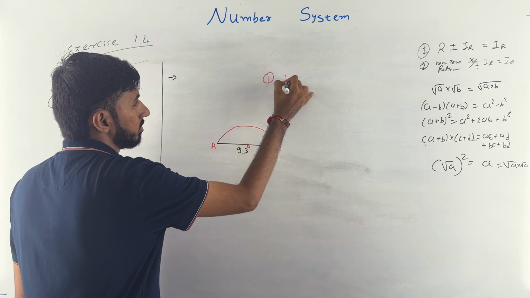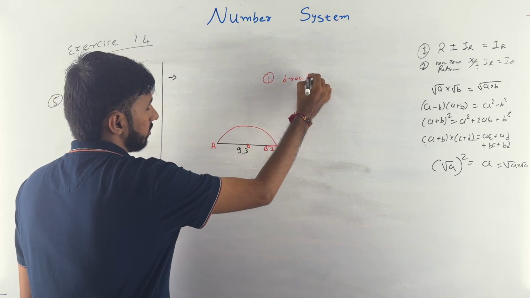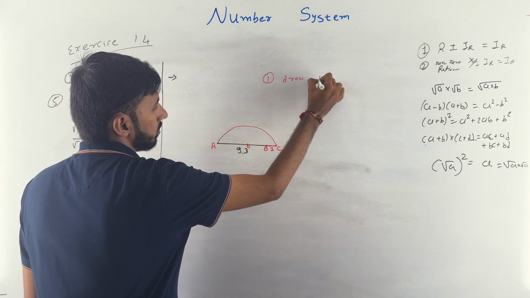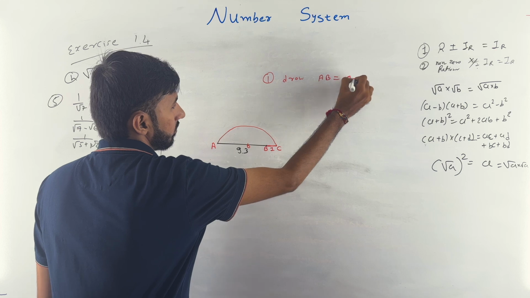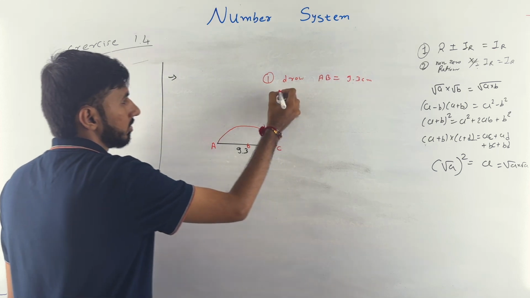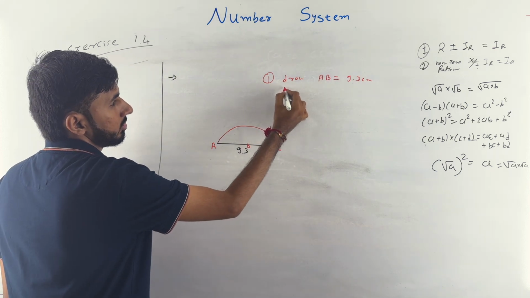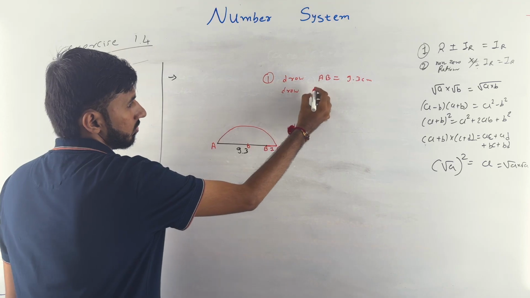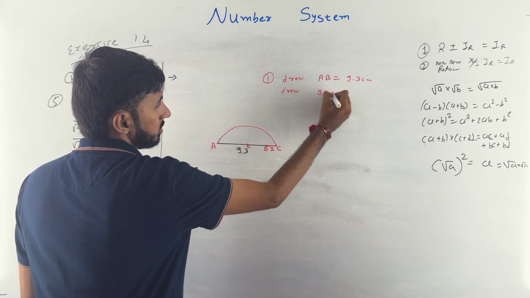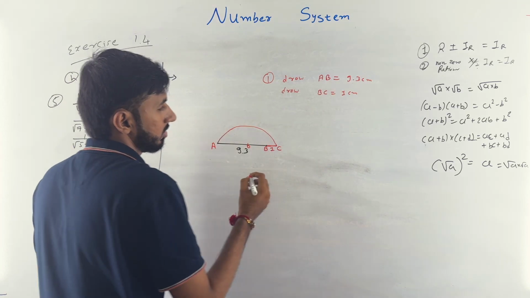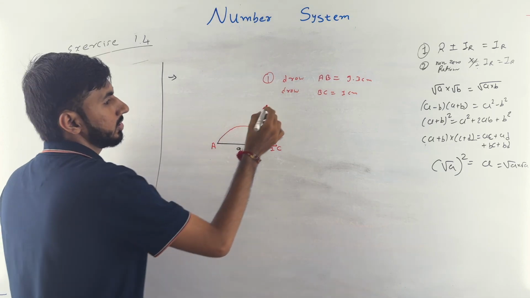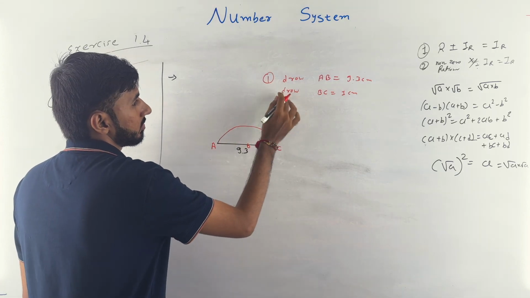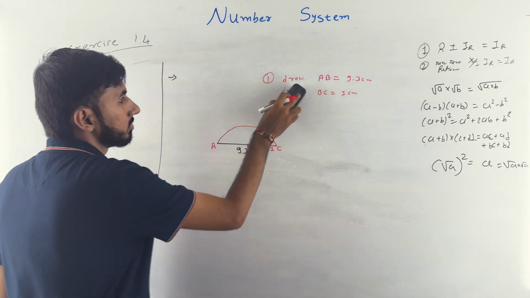So the first step is to draw AB equal to 9.3 centimeters per unit. Then draw BC equal to 1 centimeter, extending line AB.